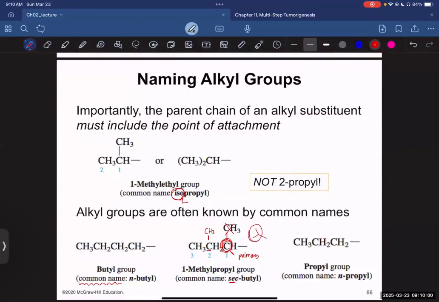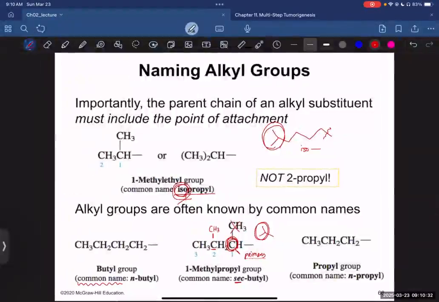And so anytime we have this type of methyl group that's extending at the very end of the substituent, we can use that prefix iso. However, we mostly use it with regards to isopropyl, and we don't use it in many other cases, but you will be able to see that in some cases like so, if we do have a very long alkyl chain that has this type of one methyl group coming off of the ends of that substituent, we can also use iso, however many carbons, as that specific naming as a common name.